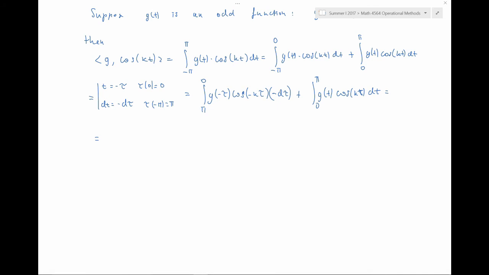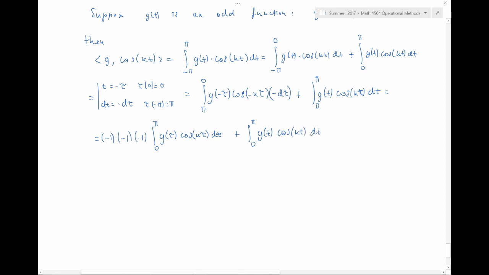And when I flip the limits of integration, I'll get minus with another minus with another minus, integral from 0 to pi of g of tau cosine of k tau d tau plus the integral from 0 to pi of g of t cosine of kt dt.